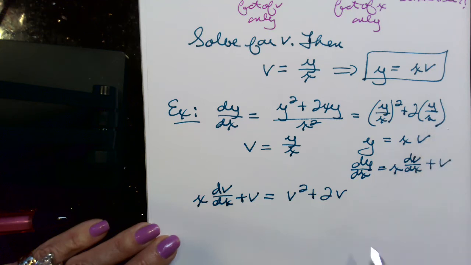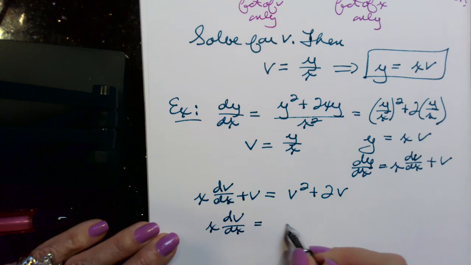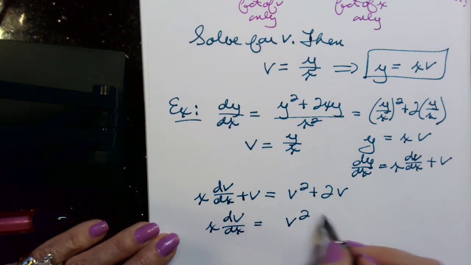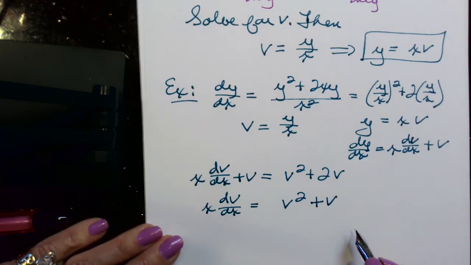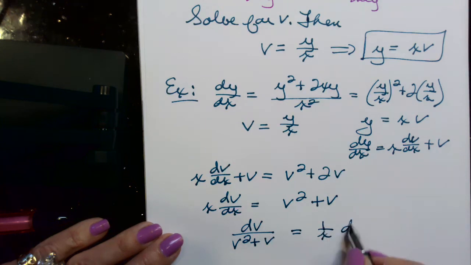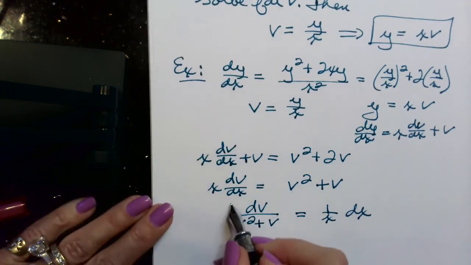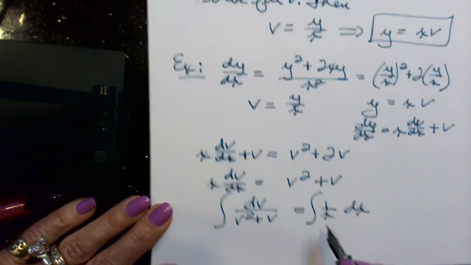So x dv/dx is going to be v squared plus 2v minus v, so this will be plus v. Rewriting that using good algebra, I divide by v squared plus v, and I multiply by 1 over x dx on both sides, and I end up with this. That's separated, so I can integrate.